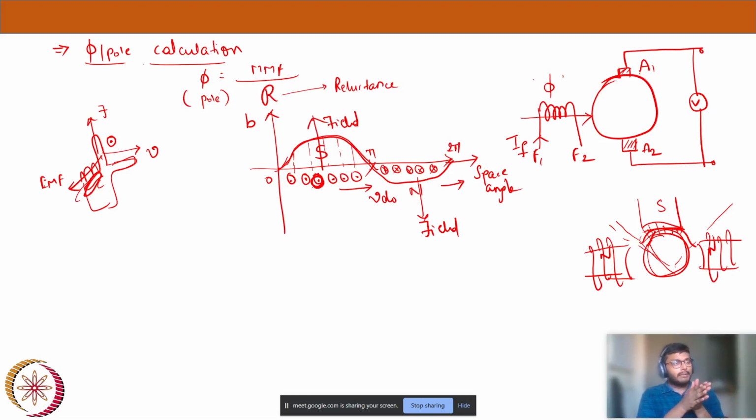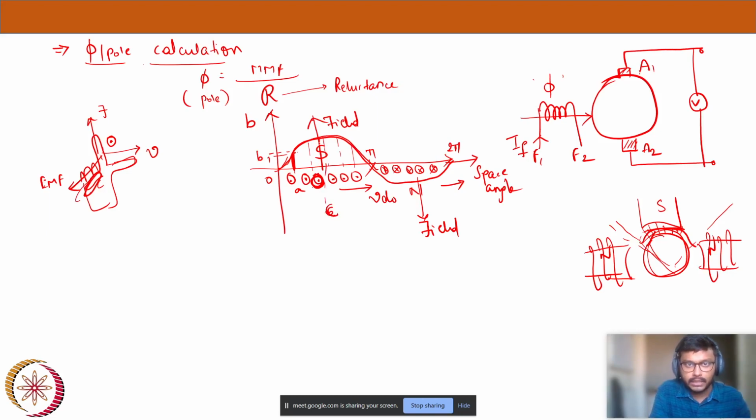Now however, we have just arrived at the polarity of the induced EMF, but not at the magnitude. If you see the magnitude, it will depend on the magnitude of field intensity, the B. So if you take this point, let's say it's B1 at point A, and if you take point B, it's again B, na?